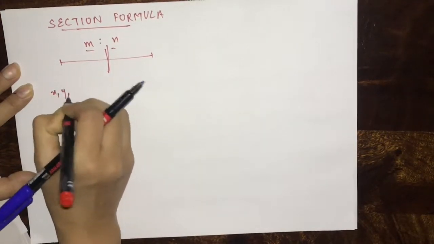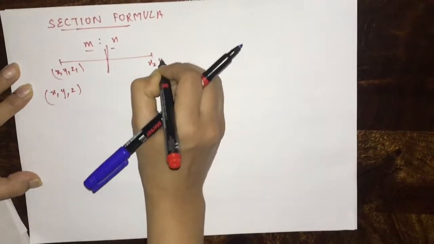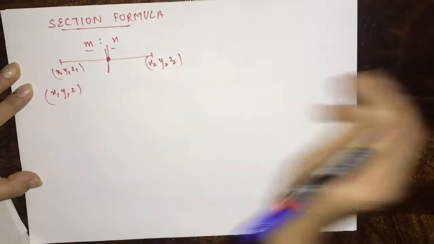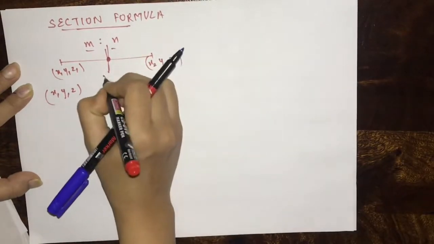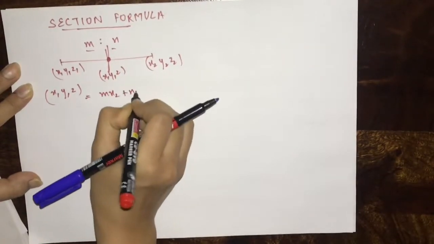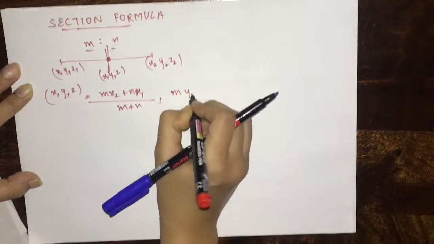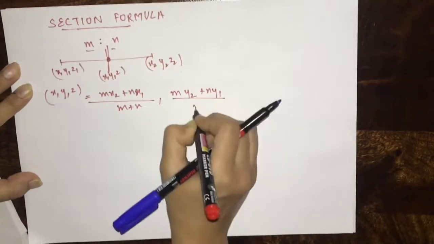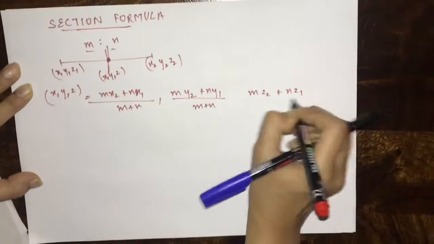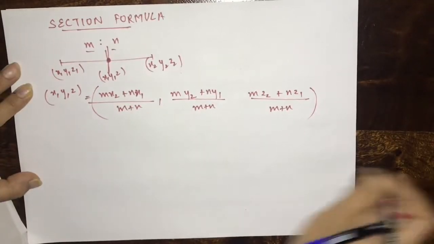If this is your x1, y1, z1, this is your x2, y2, z2, and the point that is being divided internally is say x comma y comma z, this is nothing but (mx2 plus nx1) upon (m plus n), (my2 plus ny1) upon (m plus n), and (mz2 plus nz1) upon (m plus n). This is just the same as you've done in the two-dimensional plane.